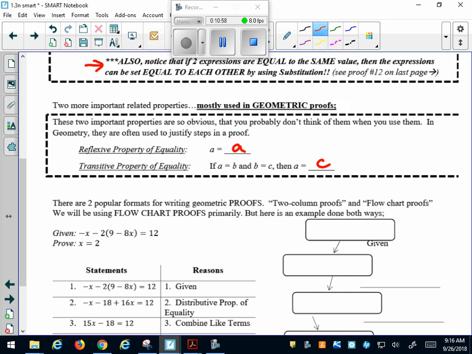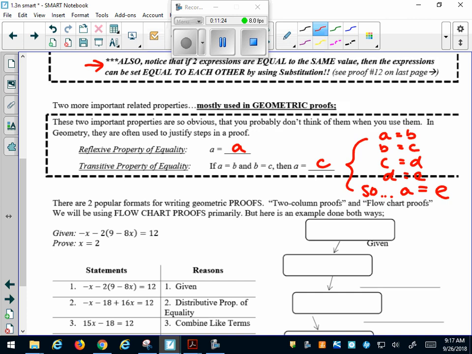It's like a transition. It's like you're hopping from one to the next, and then you're transitioning from the first to the last. We always use A, B, and C here, but keep in mind that the transitive property could be A equals B, and B equals C, and C equals D, and D equals E. So A equals E, right?